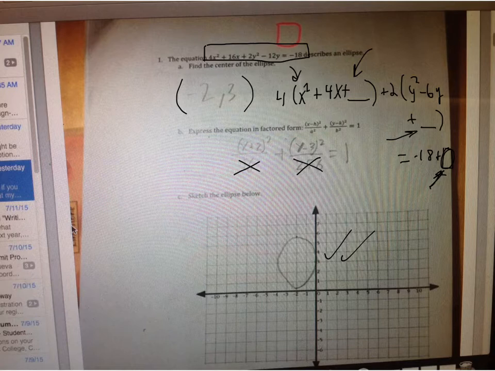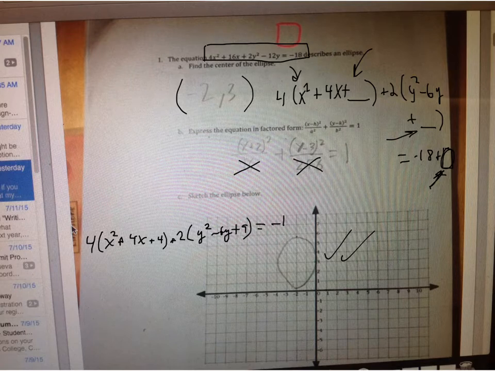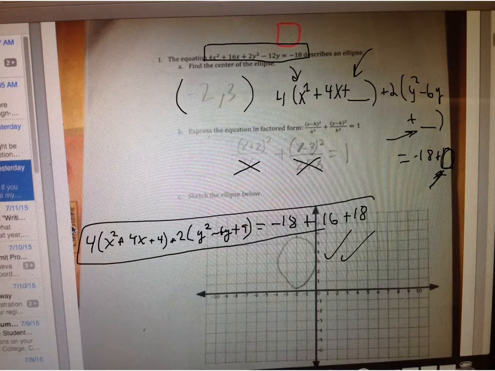So if we were to do that, we would get 4x squared plus 4x, completing the square, plus 4 plus 2 y squared minus 6y plus 9 equals negative 18 plus 16 plus 18. And notice it's plus 16 because it's 4 here, but there's a 4 on the outside, so we really added 16. Simplify that and then see what you get.